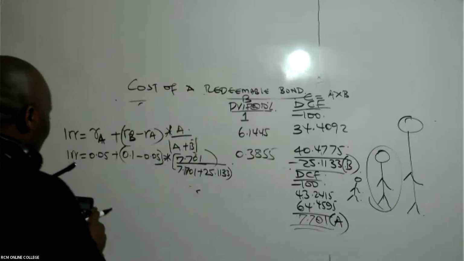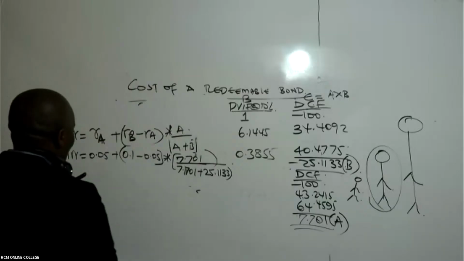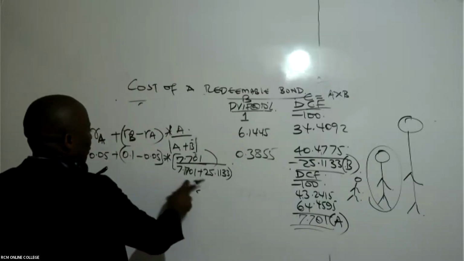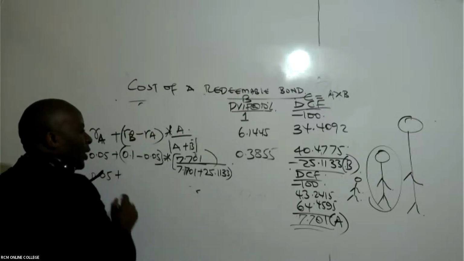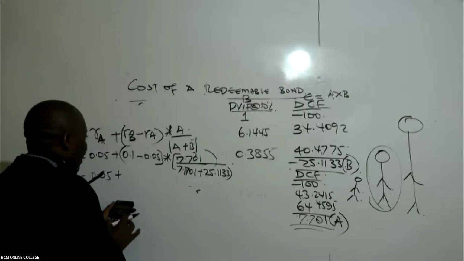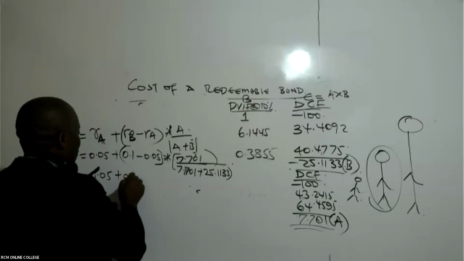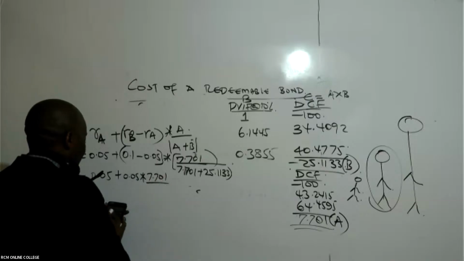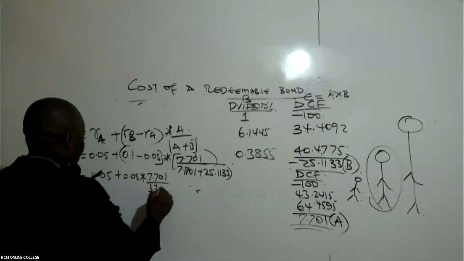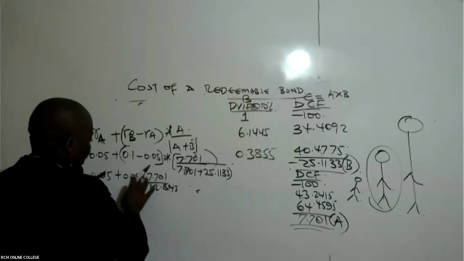So what do we have? I can begin with the numerator here. We have 0.05 plus 0.1 minus 0.05, times 7.701 over 7.701 plus 25.1133, which equals 32.8143.